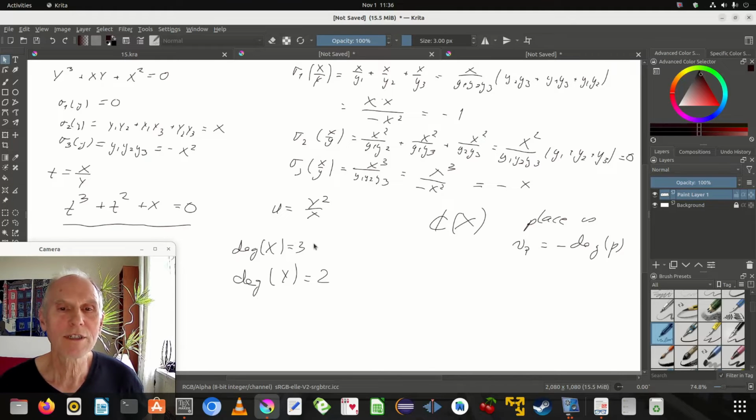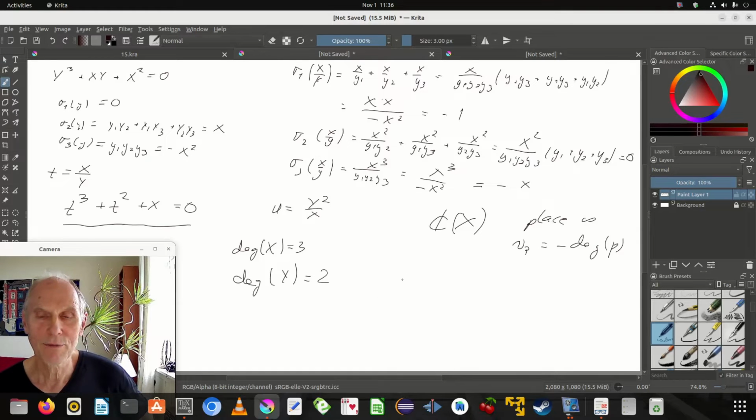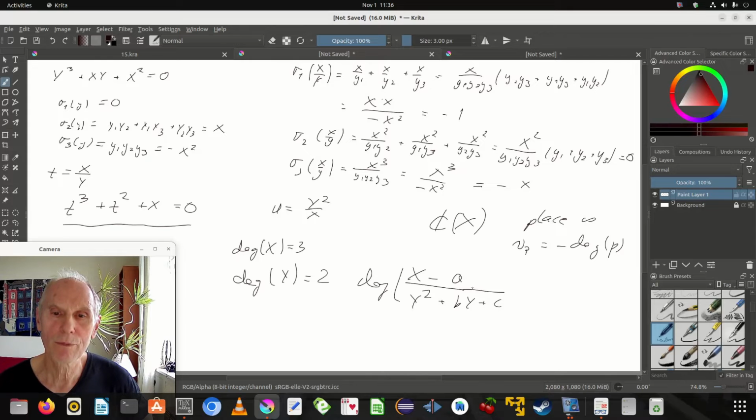So can we make some positive guys from this? And it appears that we can make, if we take x minus a divided by y, or any guy, y plus c, the degree of this guy is unity, 3 minus 2. So this should be an integral function.